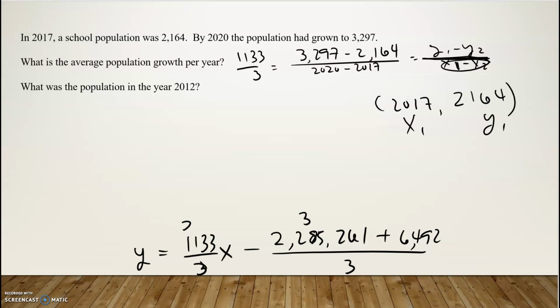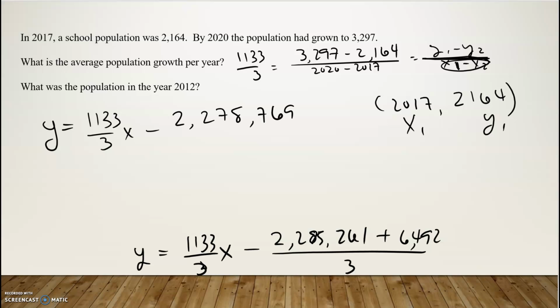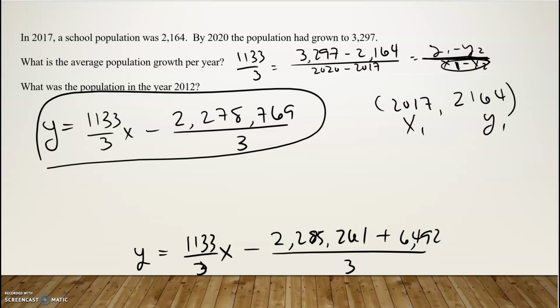Okay, so now we've got y is equal to our slope, then minus 2,278,769 all over 3. Okay, now this is the correct equation for the data that we have here.